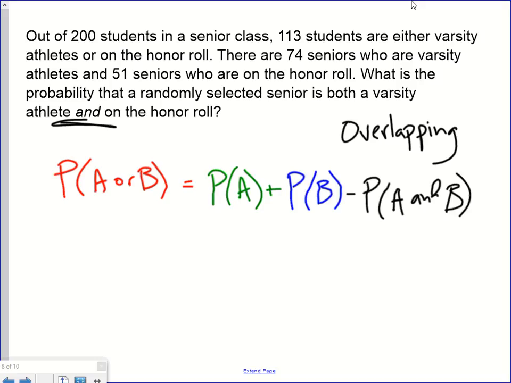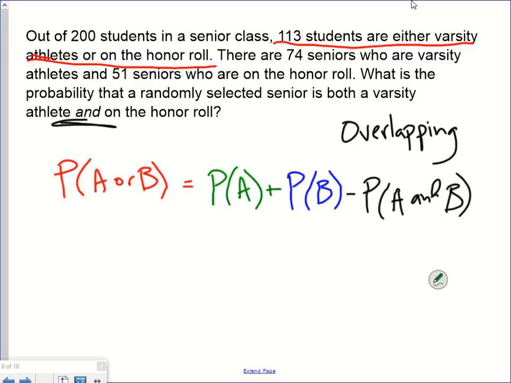Now I'm going to go through my text this time, and I'm going to figure out what given information I have. So I have 113 students are either varsity athletes or on the honor roll. Is that one of these things in the formula? Yes, that's going to go in the part on the left side of the equal sign, the part in red, because that's the number who are either A or B. Okay, 74 seniors are varsity athletes.